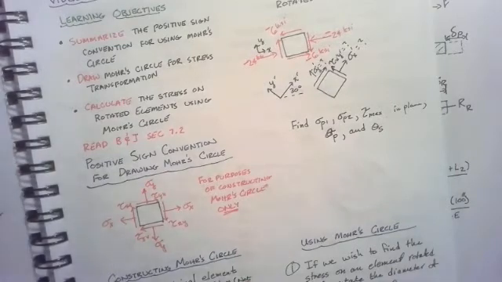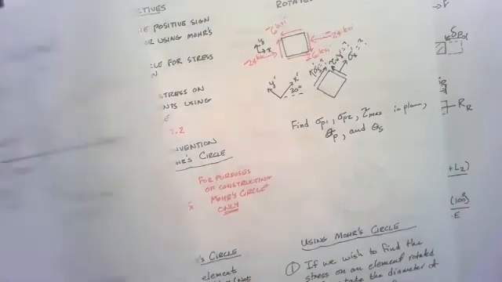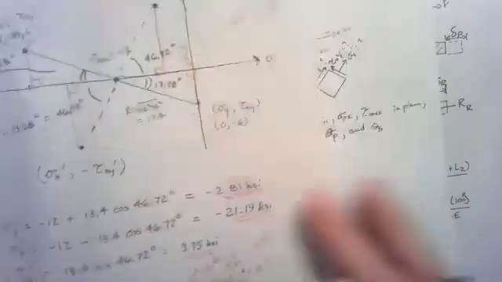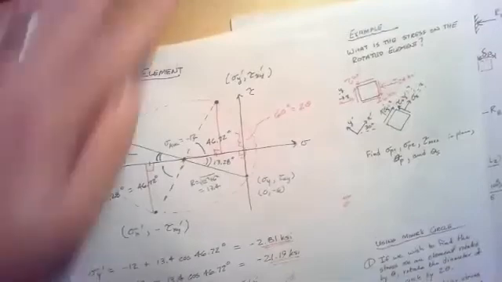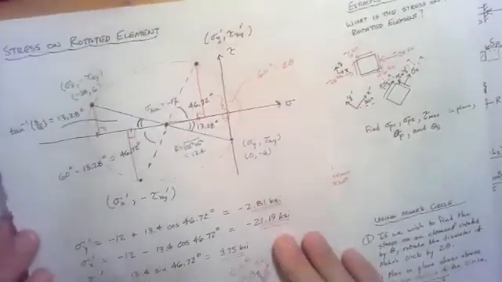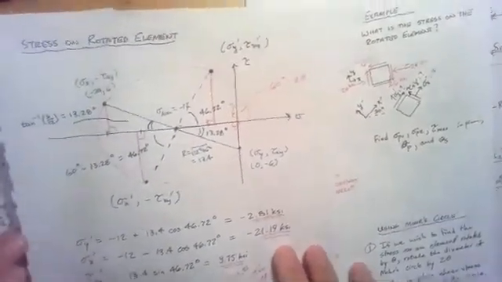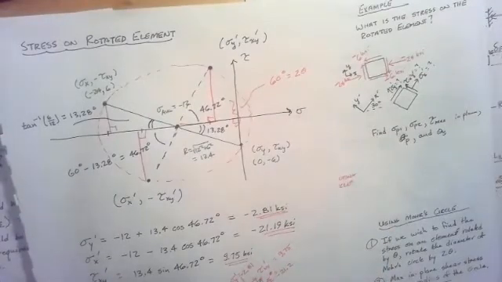So first of all, let's take a look at the stress on a rotated element. So I'll keep the original element close by, and we'll take a look at Mohr's circle on a new sheet over here.